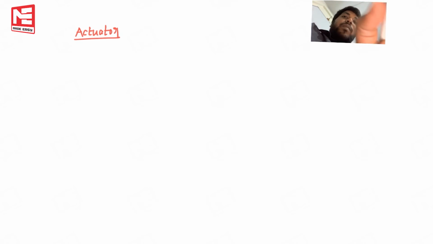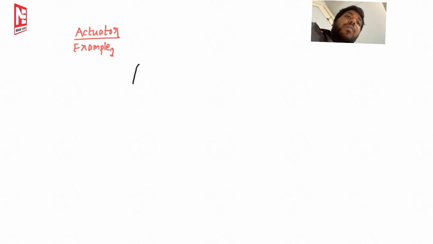So for example, let me consider a motor. In this case, let me consider example 1 here, the electrical motor. So what is an electrical motor? Let me draw a simple diagram of an electrical motor here. Please consider my limited abilities as an artist here. Just try to understand the concept.